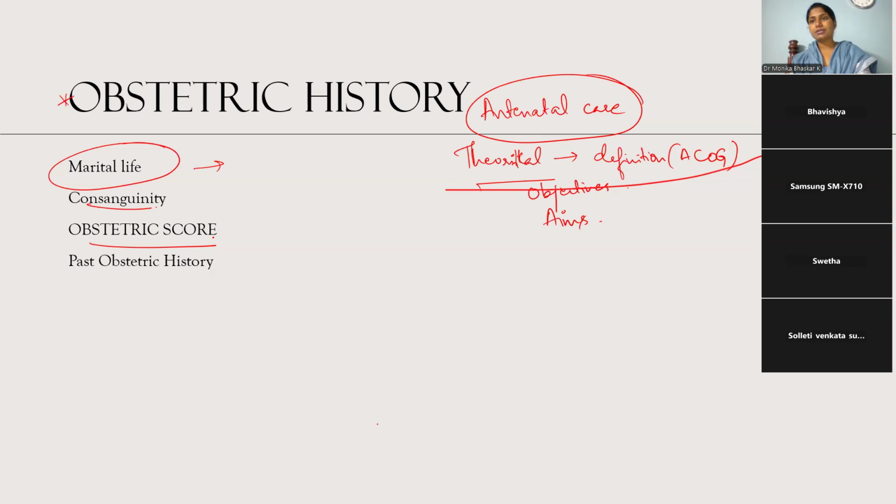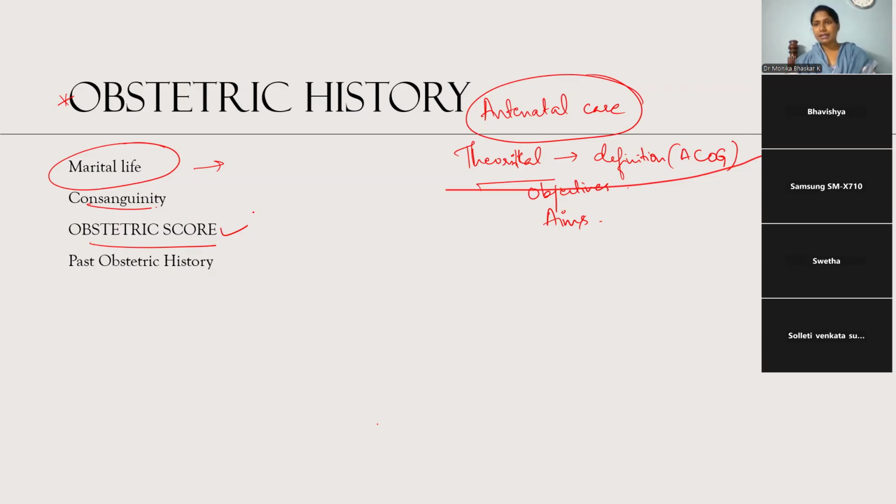So if you use the term gravida, it is better. When you're presenting in exams, elaborately use gravida, para, living or primi. If it is the first time she is getting pregnant, you can use the term primigravida. So the obstetric score is very important and it has to be written in detail. I hope I need not explain what gravida, para, living, abortions are. As a postgraduate, you will be well aware of it.